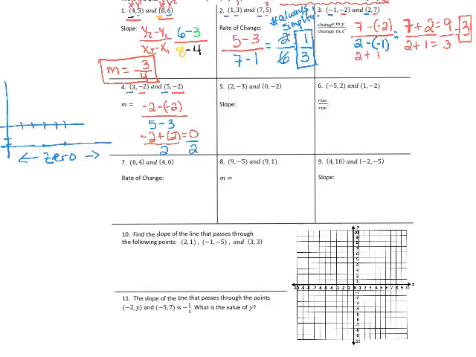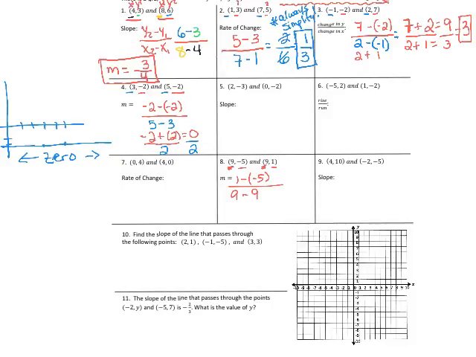So due to time, we're going to just jump down to number 8. And we have y2 minus y1 over x2 minus x1.